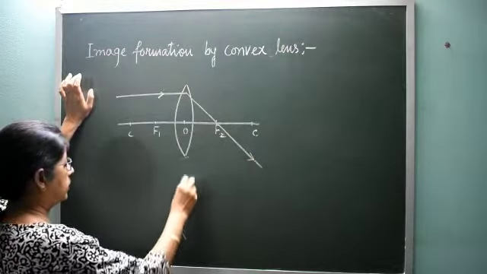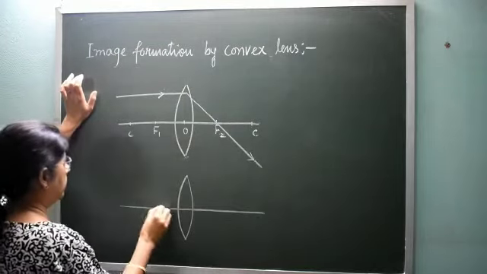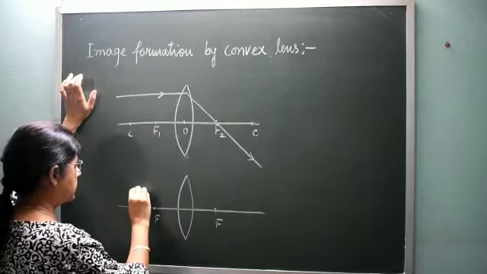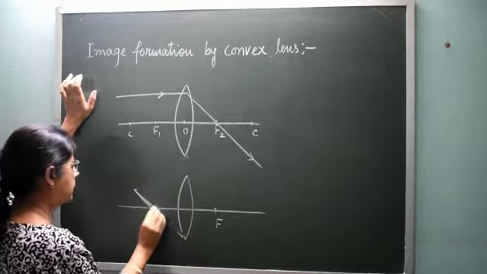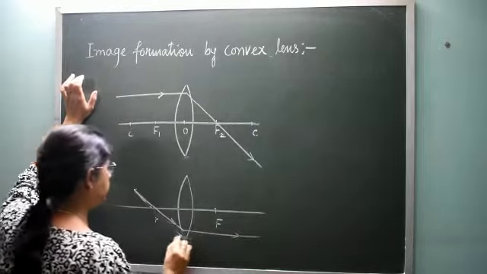Rule number 2: if a ray passing through F, after refraction, it becomes parallel.